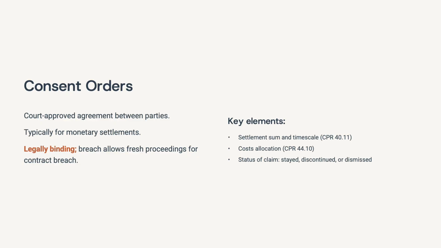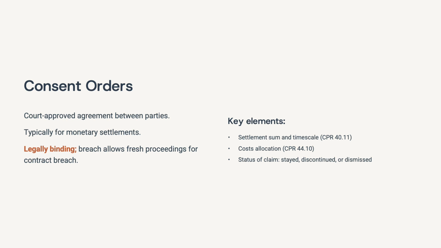So the next thing is the consent order. Consent orders are simply court-approved agreements between parties, usually for payment. They are legally binding contracts, so if breached, the innocent party can start fresh proceedings for breach. Key point for your exam: they must include the payment sum, time scale, usually 14 days unless otherwise stated, and how costs are handled.